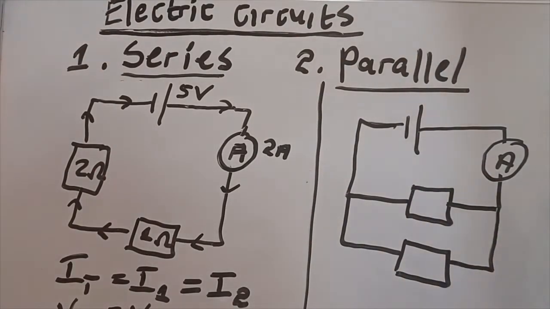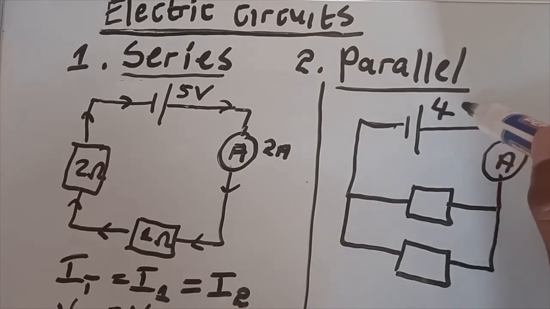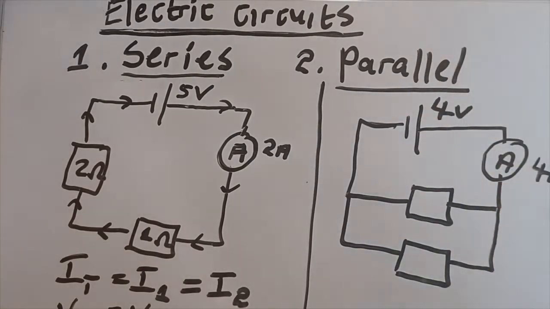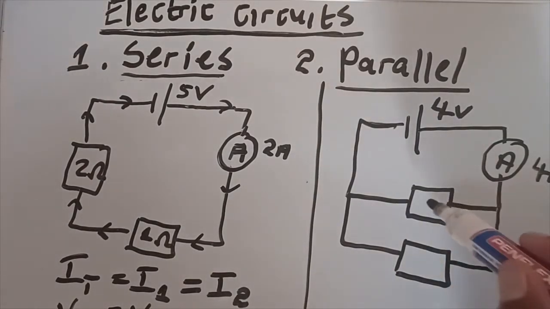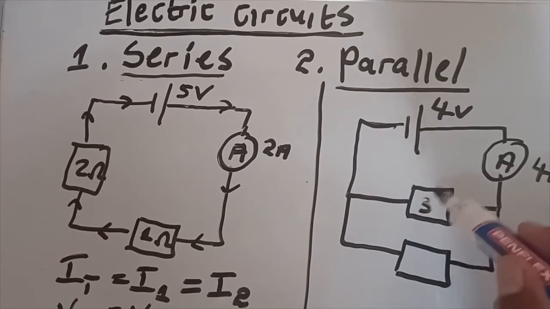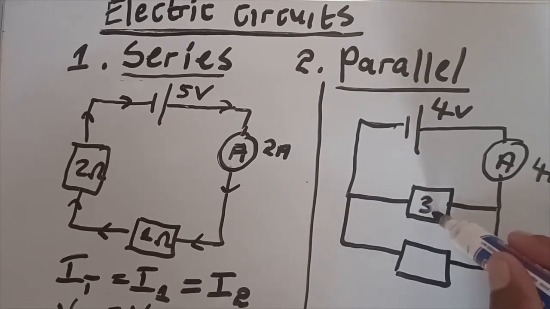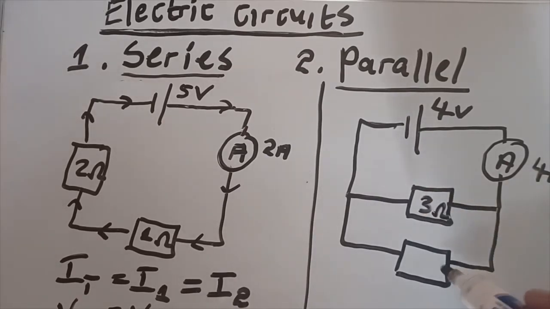Okay, and then let's say this ammeter is going to measure 4 amperes of current, and then the voltage, let's say, is 4 volts. Okay, and then let's say this is a 3 ohm resistor, this one is a 2 ohm resistor.